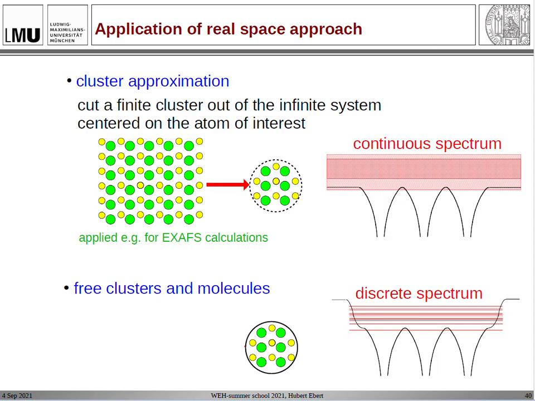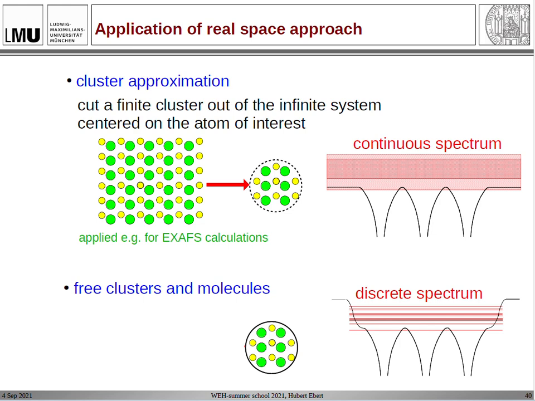Concerning corresponding applications, you could imagine that this scheme could be used to represent a full solid by just picking out some of the atoms. You treat them separately. This is, for example, used by default, I would say, in XANES calculations, that you use only a finite cluster of atoms and discuss their scattering properties and make connection to the geometry.